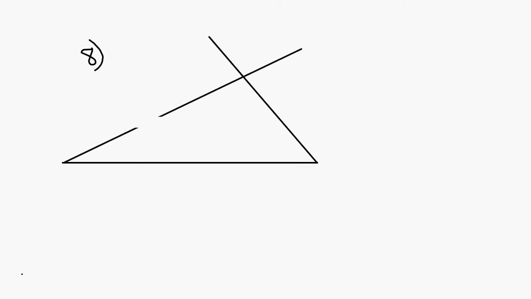Number 8. This angle is 113 degrees. This is x degrees. And this is 47 degrees. Find the value of x. All right, remember vertical angles from earlier in the year?